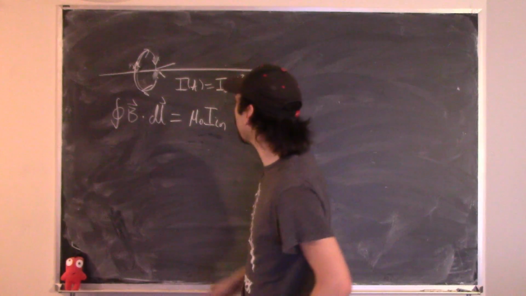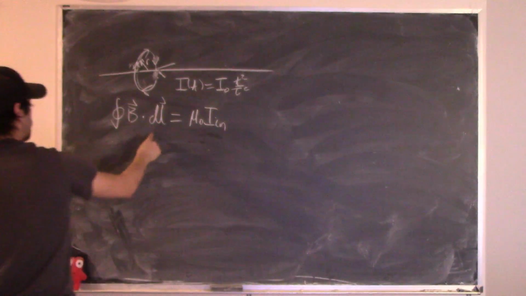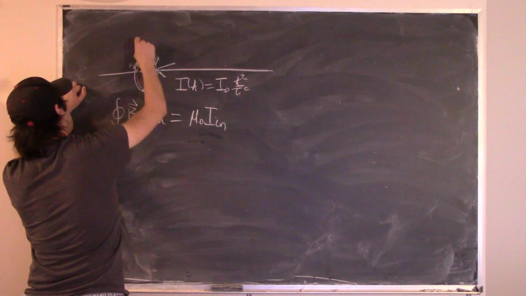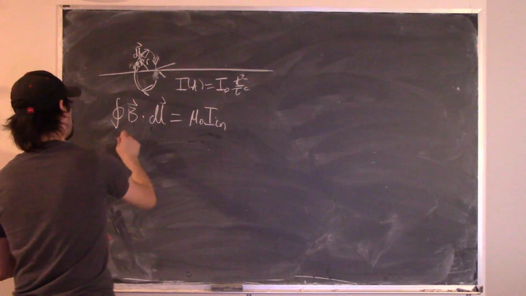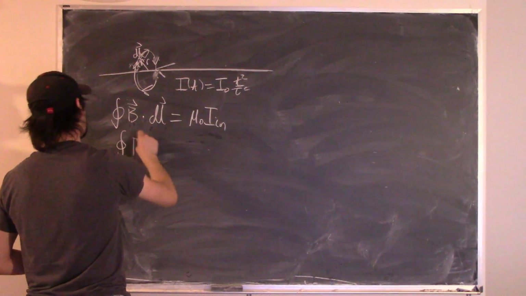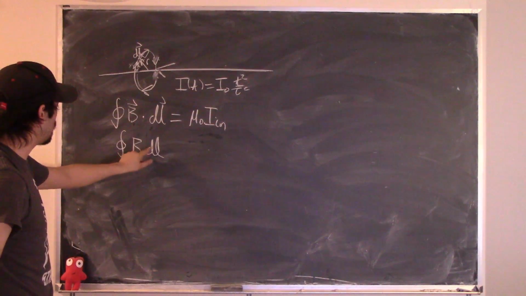This loop has some radius r, and I can evaluate the left-hand side of Ampere's Law, because for every little infinitesimal dl here, the magnetic field is in the same direction. This allows me to say that the integral of B vector dot dl vector becomes B times dl.